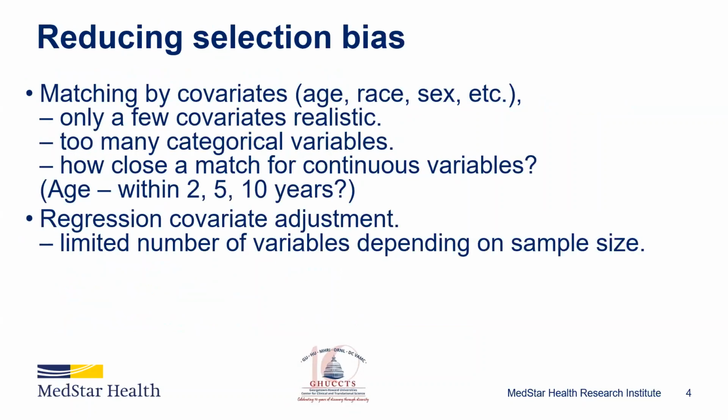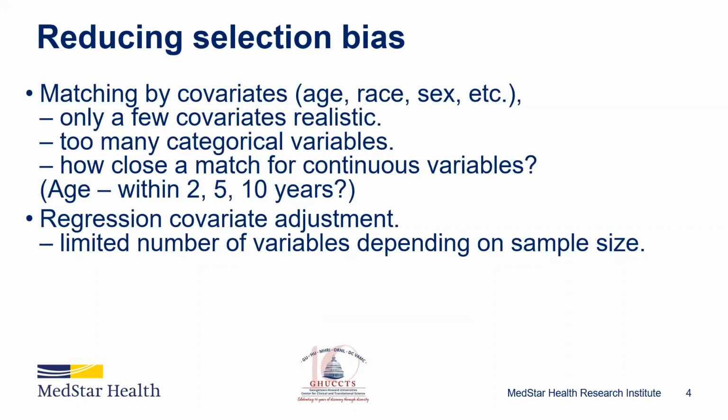There are different ways that have been used to reduce selection bias. One of those is just matching by different covariates that you have in your data set: age, race, sex, and so on. However, only a few of these are realistic.